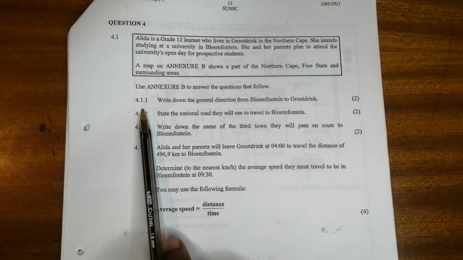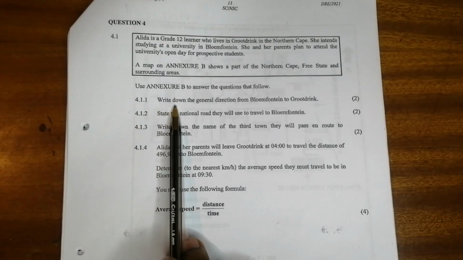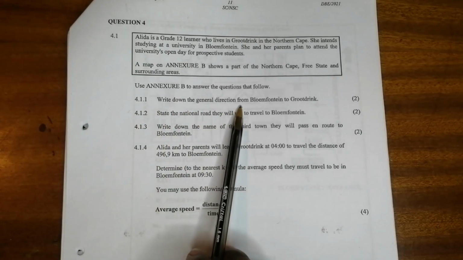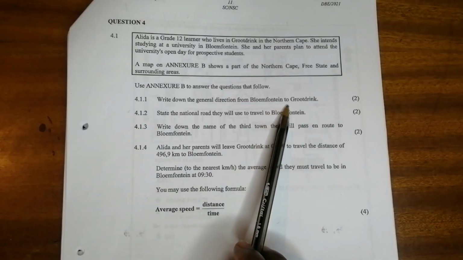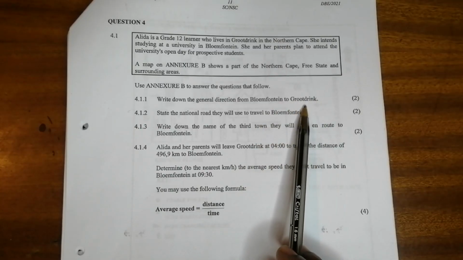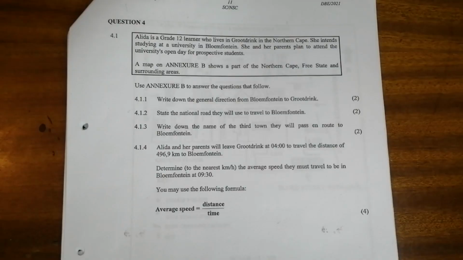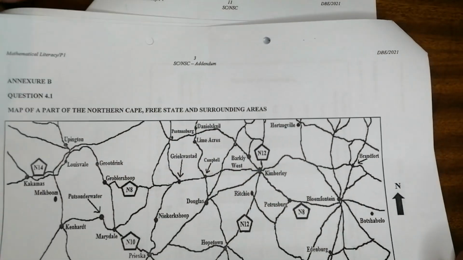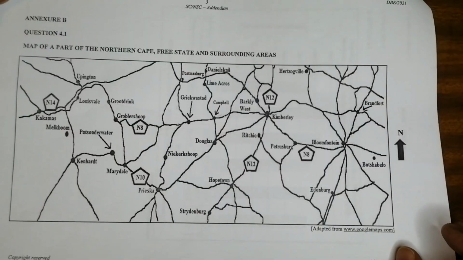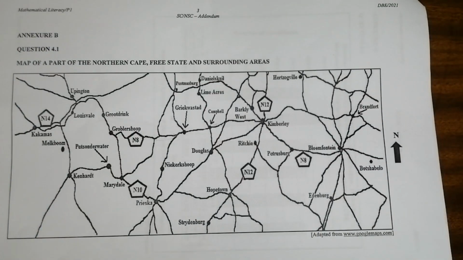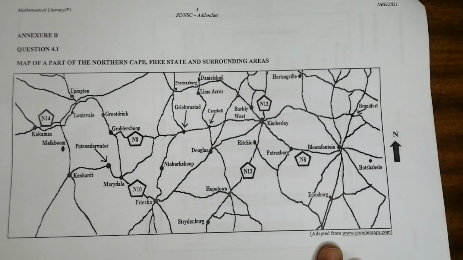4.1.1 says to write down the general direction from Bloemfontein to Grootdrink. So we basically have a look at our map. We find where Bloemfontein is situated on our map.